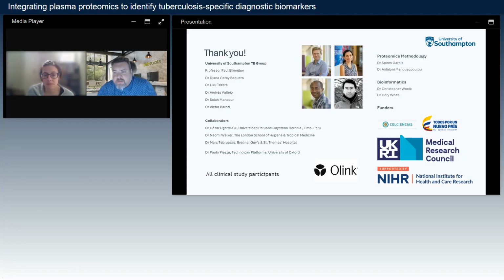Are there any plans to perform the assay on a wide range of other pulmonary and non-pulmonary disease patients? Yeah, again, I would love to. So I think we know that combinations of markers perform differently in different geographical populations. So that's been shown with other studies, and why a diagnostic panel has to be tested in the population of usage.